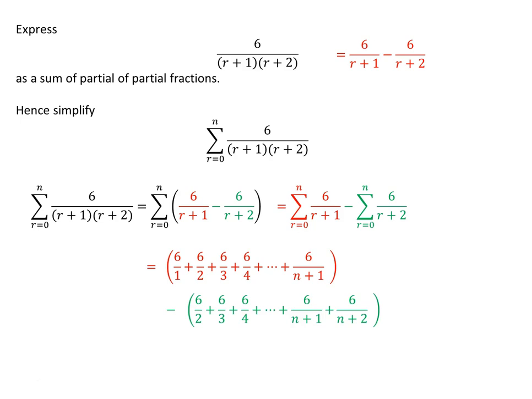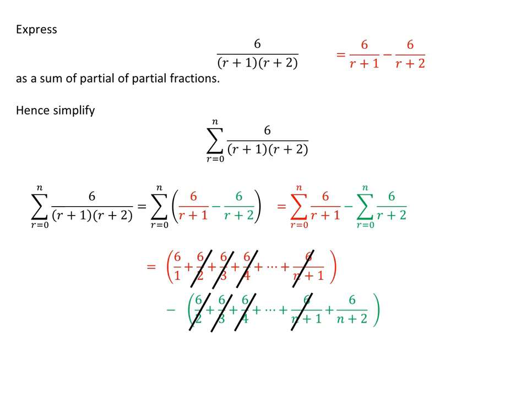Now again, we've written things out carefully so that the terms in the second expansion, which are similar to terms in the first expansion, lie immediately underneath, which means that we can make the cancelling occur nice and easily. So we can see the 6 over 2's cancel, the 6 over 3's cancel, the 6 over 4's cancel, all the way along until the 6 over n plus 1's cancel.